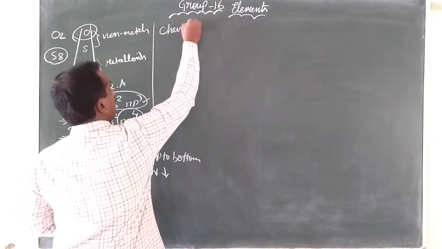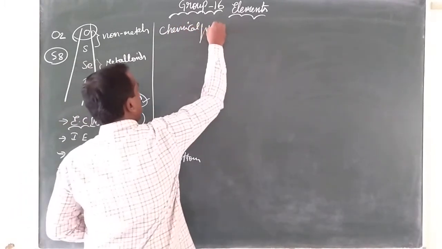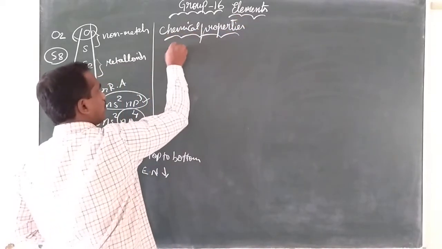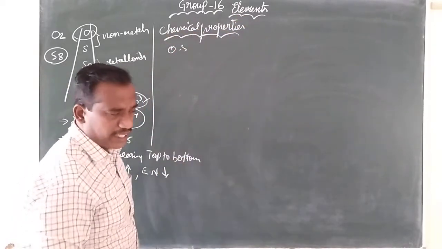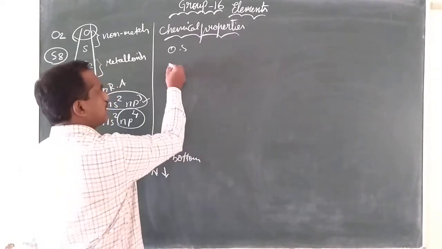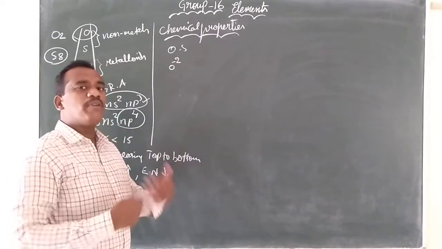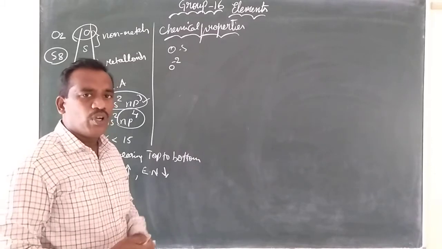In the chemical properties, you will first be observing their oxidation states. Everyone knows that oxygen in general shows a -2 oxidation state, meaning the other element must be less electronegative than oxygen.